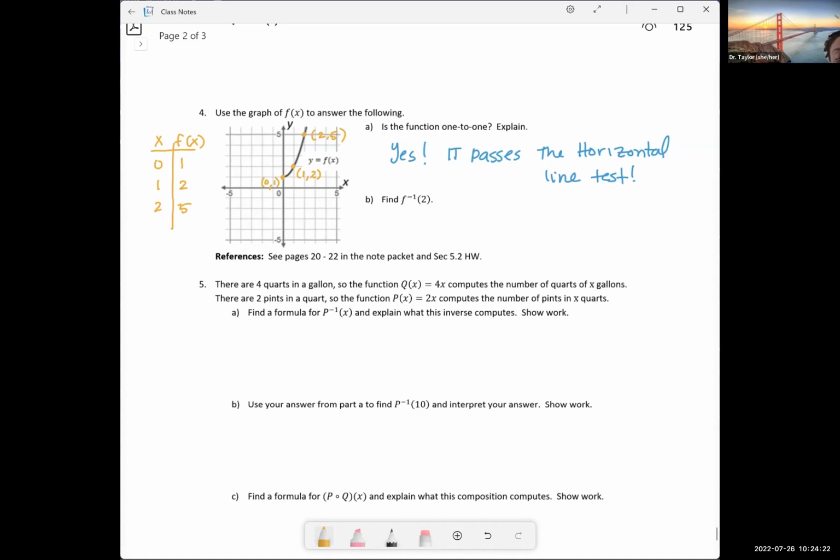So to find the inverse table, you just basically switch to 1, 0, 2, 1, 2, 5. So the inverse of 2, oh, this is 5, 2, sorry, is this one. So that tells us that the inverse of 2 is 1.